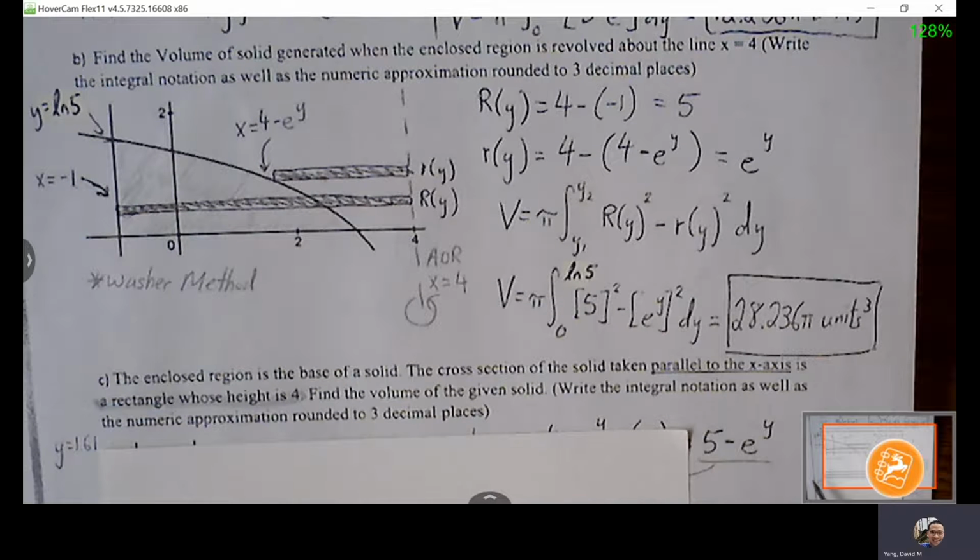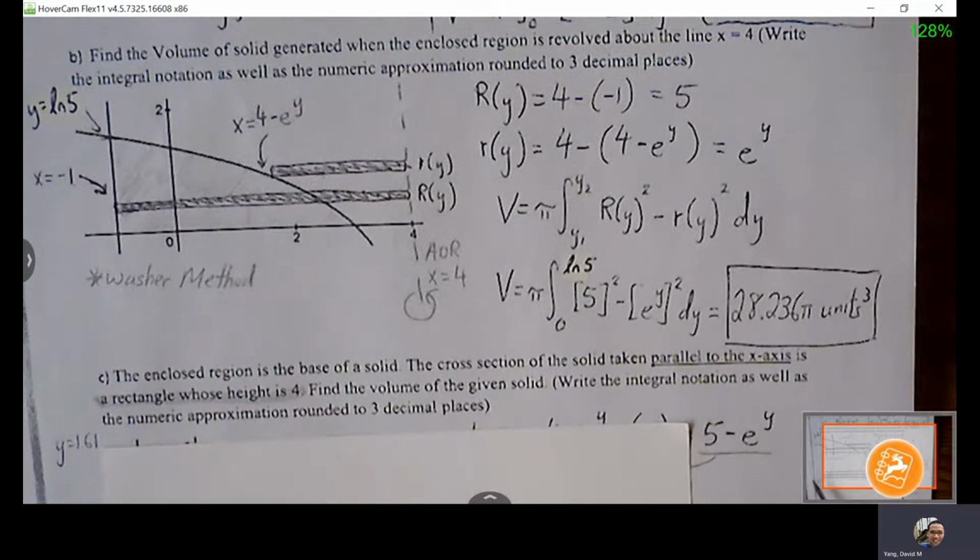No rotation. Okay, does anybody still need to look at part B? Okay.